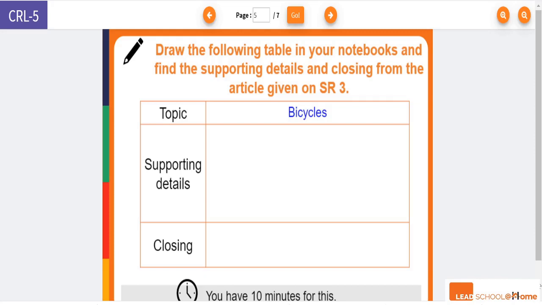First draw the table, then I'll tell you what to do. You can draw this table exactly as it is. Topic, supporting details and closing. I'm giving you 2 minutes to complete drawing the table. Do not write anything else, just draw the table. 2 minutes and your time starts now.